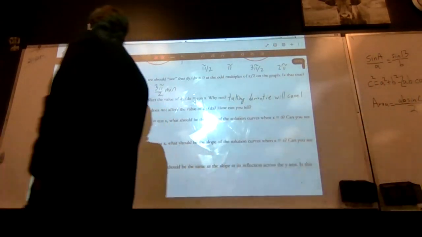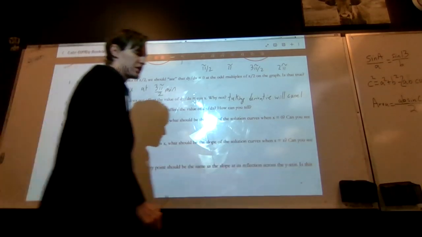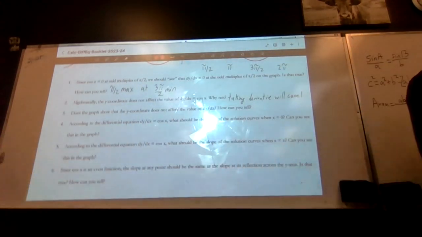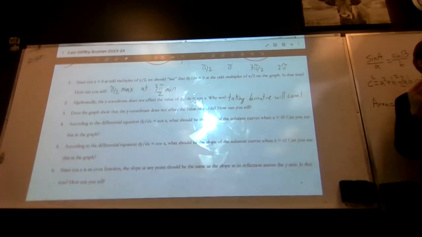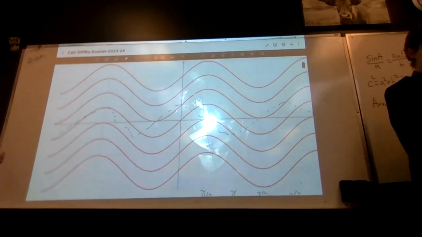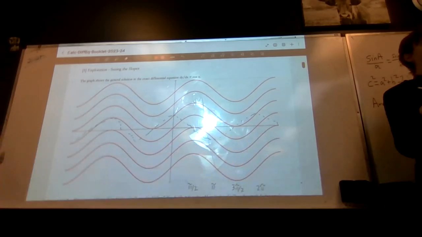Does the graph show that the y-coordinate does not affect the value of dy over dx? How can you tell? Looking at this graph, does that constant c affect the graph at all? For the y value, though.